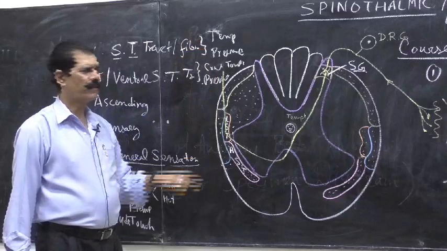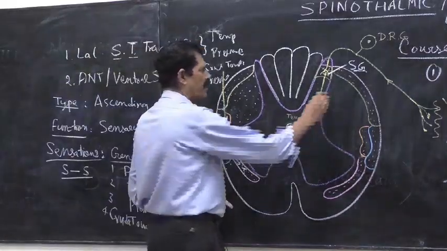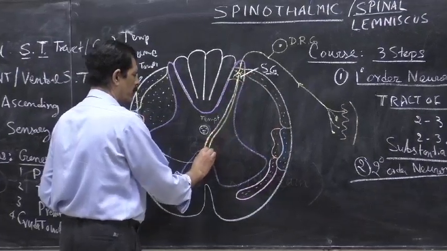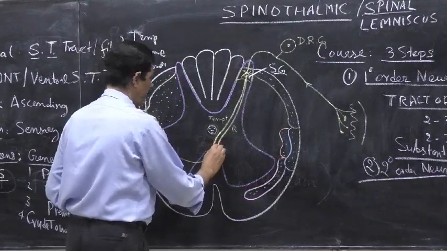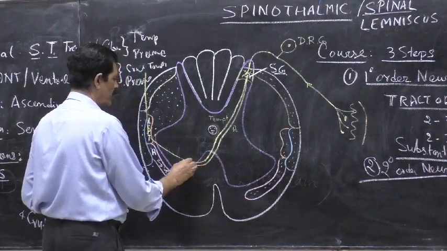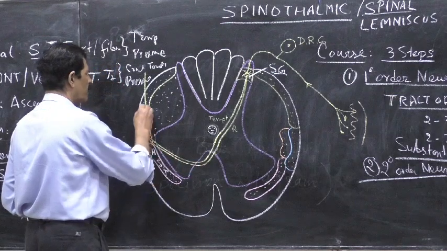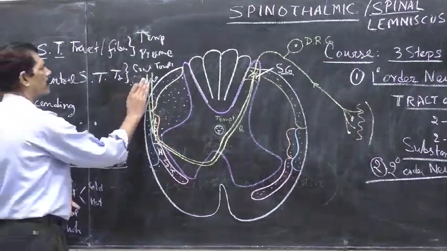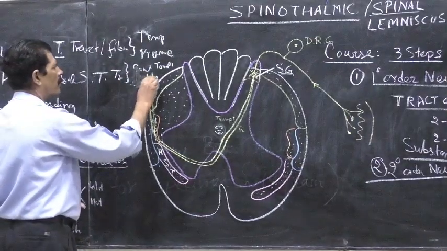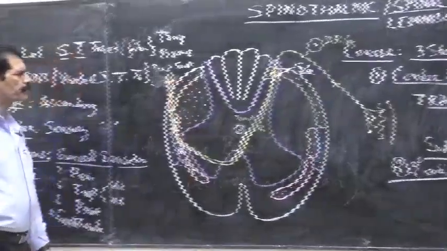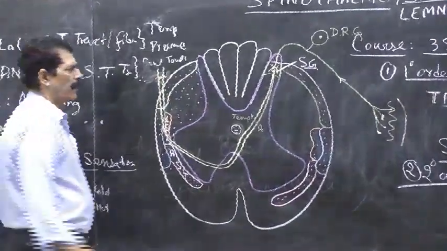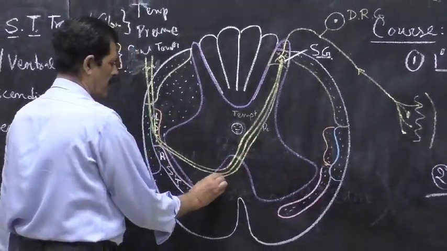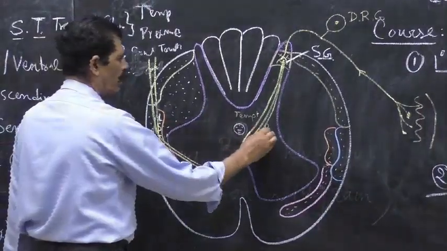Then they ascend upward because they are ascending fibers. The second modality is pain. The pain fibers go the same way and ascend in the lateral spinothalamic tract, going upward. After that, the next fibers are for crude touch.